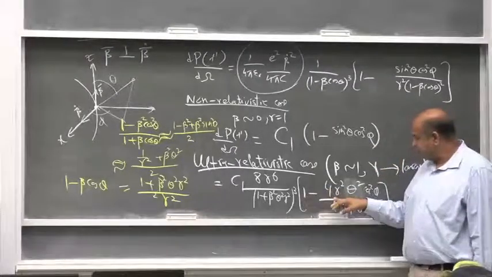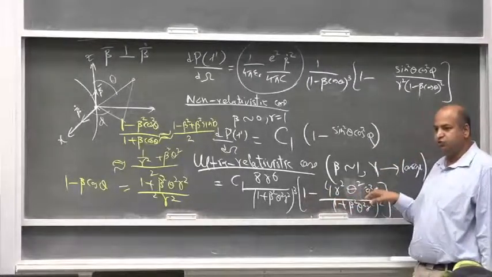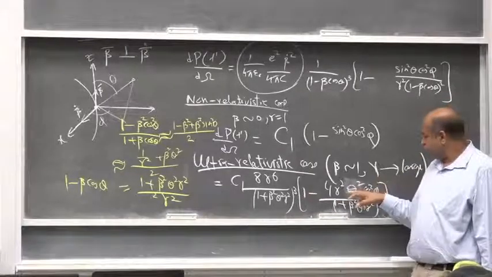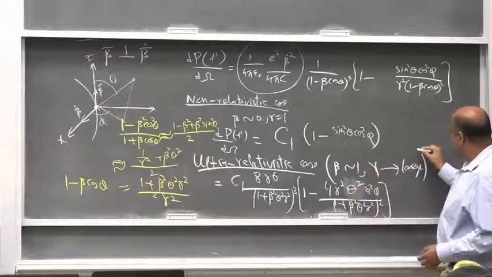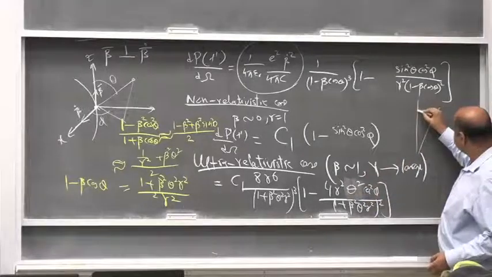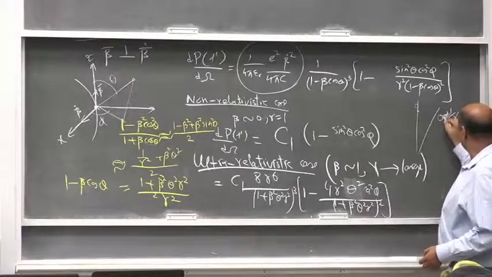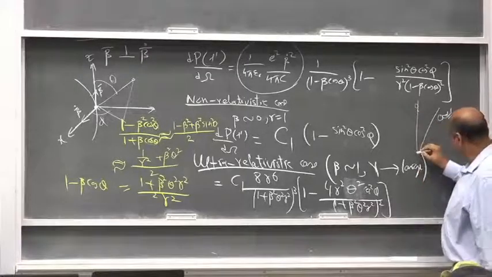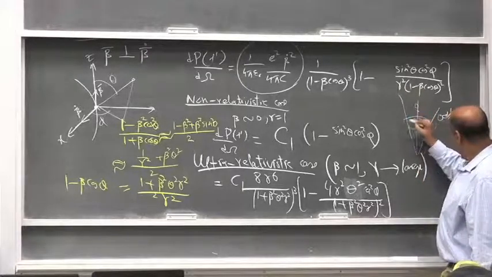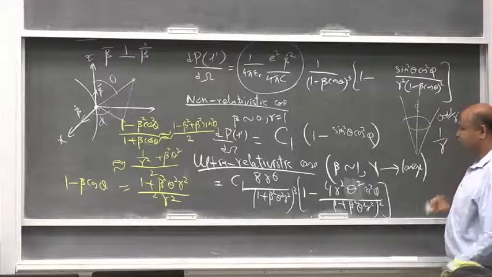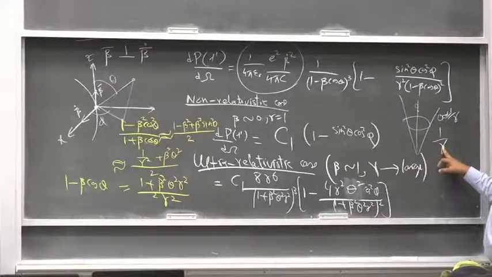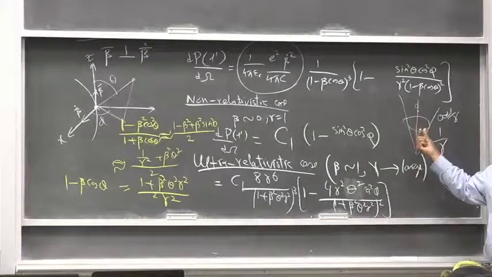So this function is roughly 0 at phi equal to 0. So all of the radiation is confined between theta 0 and theta roughly 1 over gamma. So the beam width is of the order of 1 over gamma. So the larger the gamma is, the smaller the beam is.